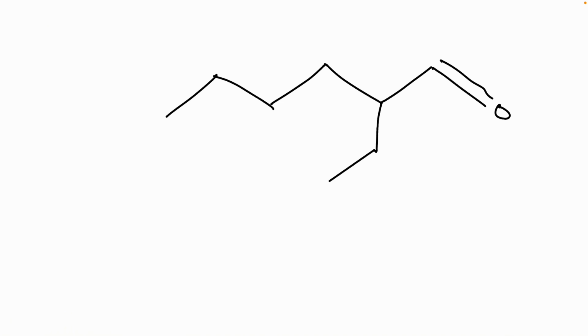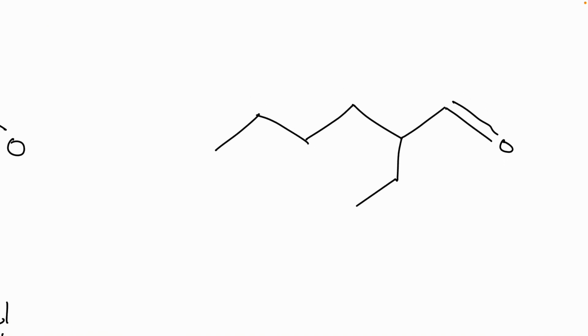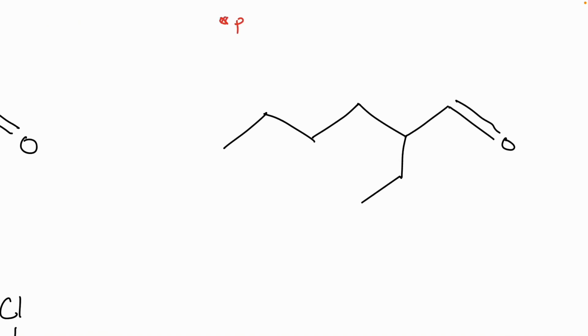Again, we need to find our parent chain, and this is a good example to remind ourselves of that rule that the parent chain must contain our functional group.